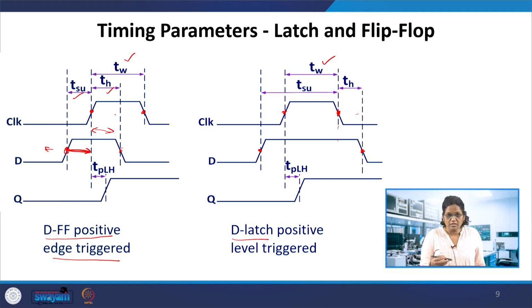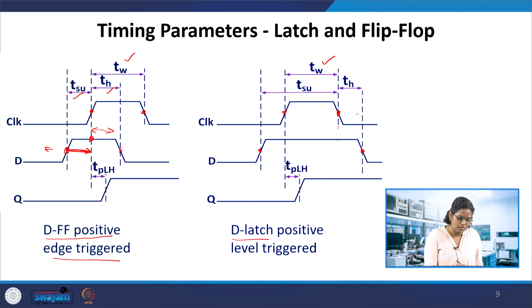And if we consider the low to high transition, here this D is changing from low to high, so that is sampled at the clock edge. Though the data is changing before this, the clock can sense only the sample at this point.